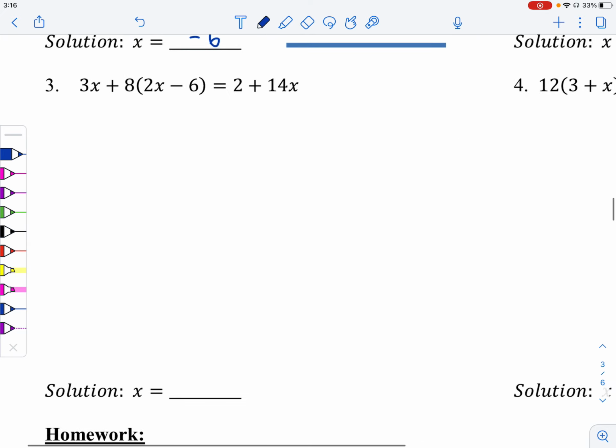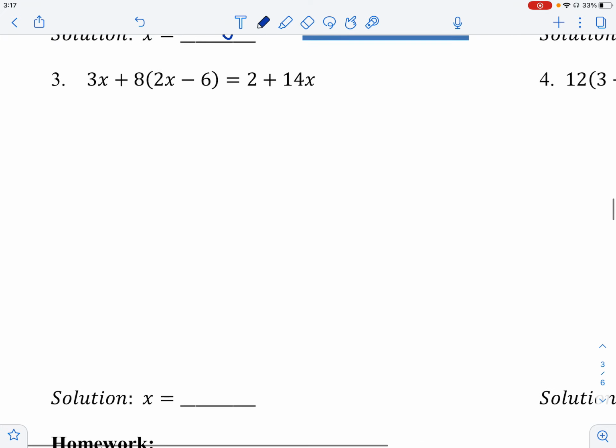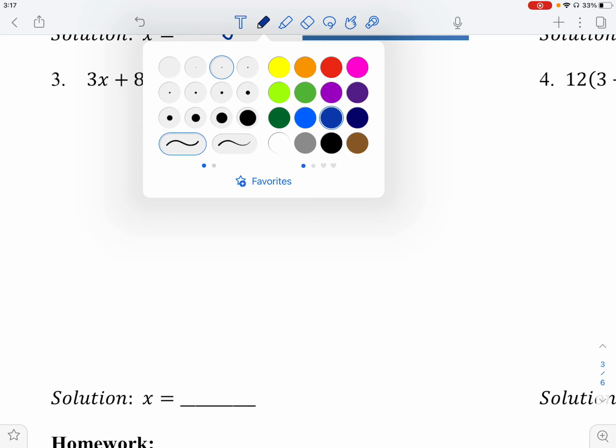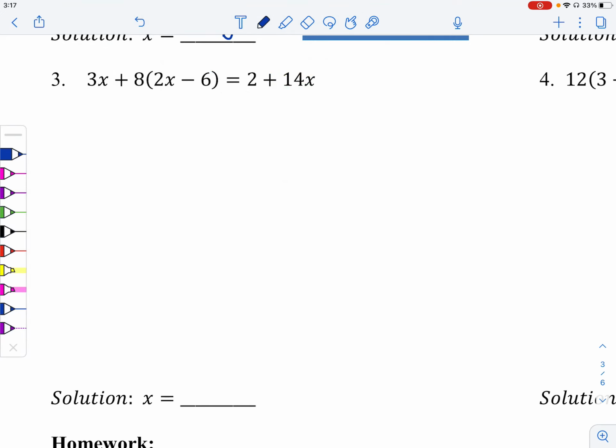Okay, number 3. Again, we're going to distribute. So we distribute our 8. 8 times 2x, 8 times negative 6. Write it on the side here. So 8 times 2x, 8 times negative 6.